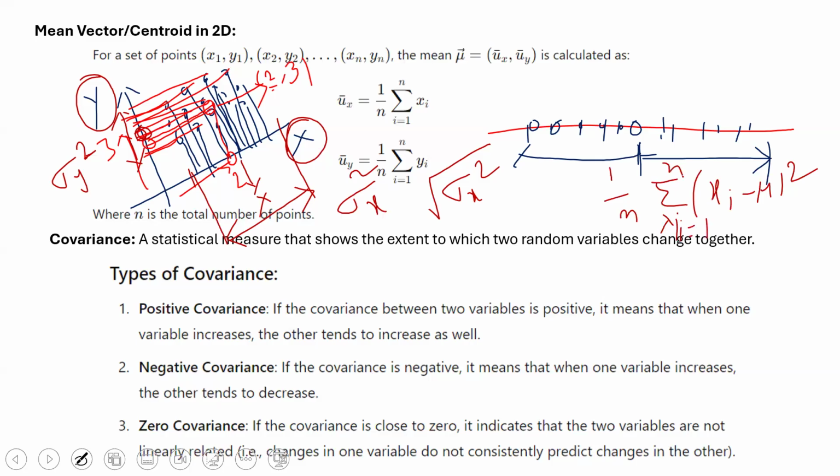This is how we calculate the variance. What variance tells us is how far the data points are dispersed from the mean.